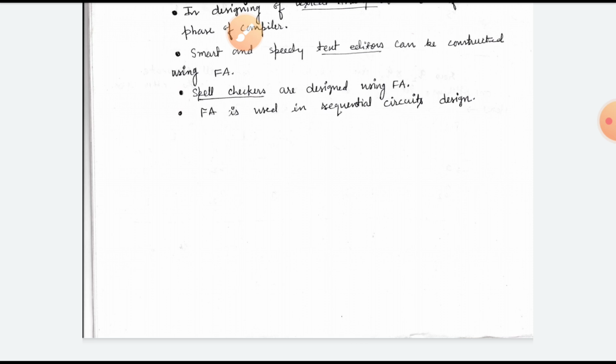We know that when we need anything, we need to design it, and one of the important design aspects is cost.